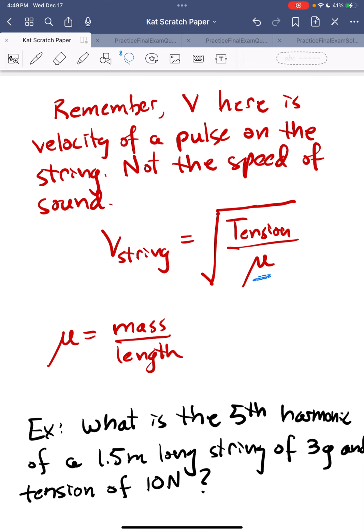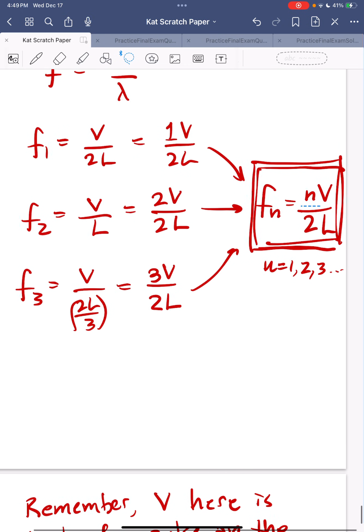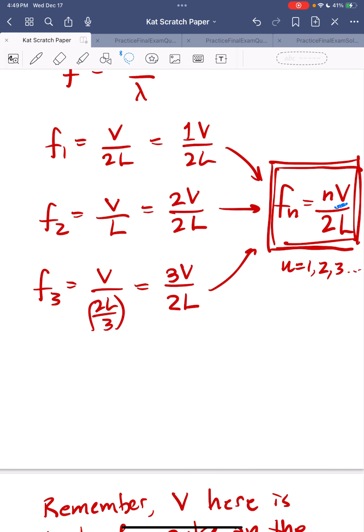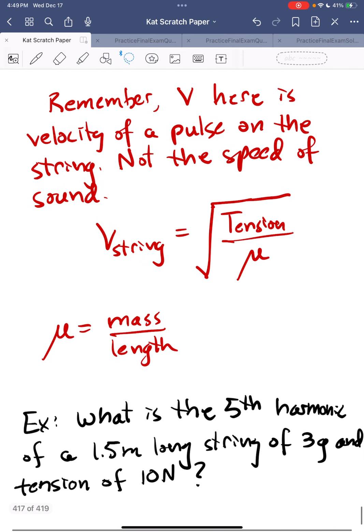Mass per unit length is mu. It's just the mass of the whole string divided by the length of the whole string. So that's the v you need in this formula. Don't confuse that with the velocity of sound in the air, which is like 343 meters per second.